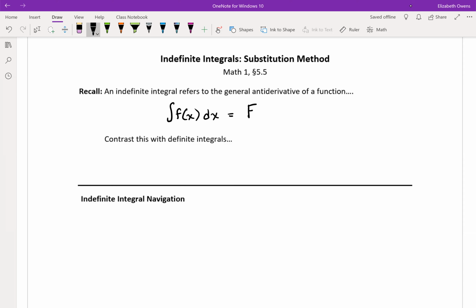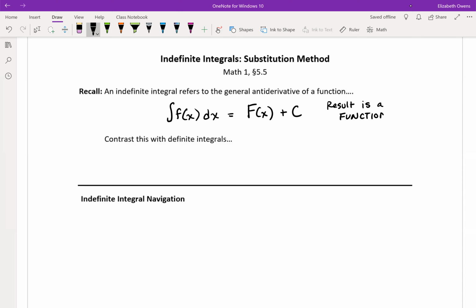If capital F of x is the antiderivative, we would have capital F of x plus c. That plus c was very important because it makes it the general antiderivative, since that constant could be anything. But notice that the result we get from these is a function.